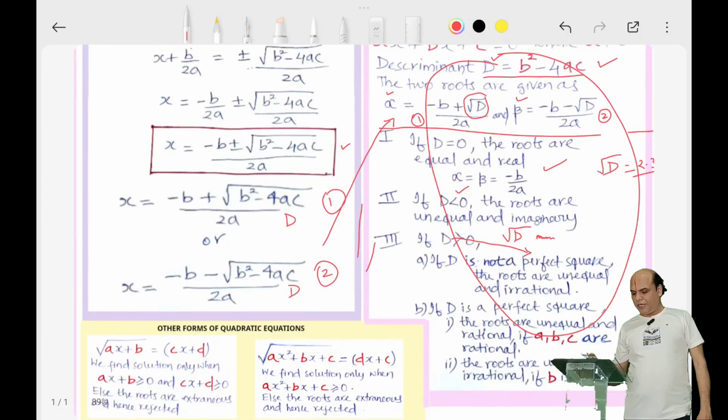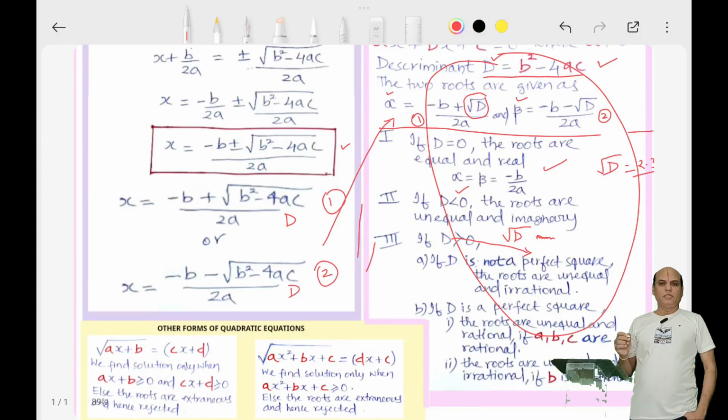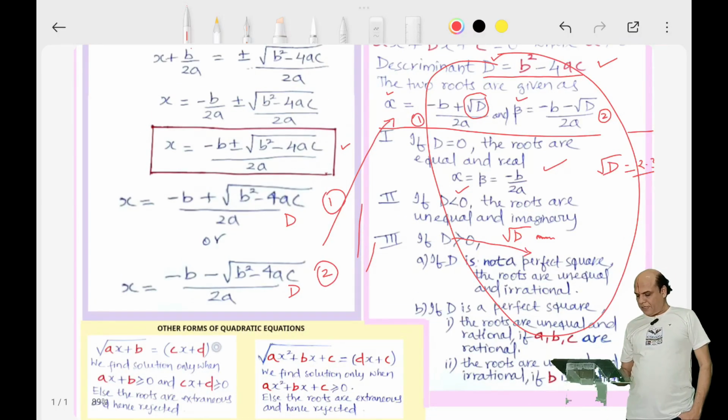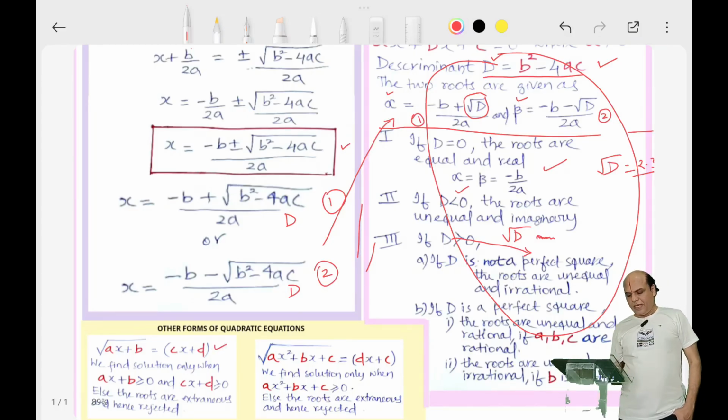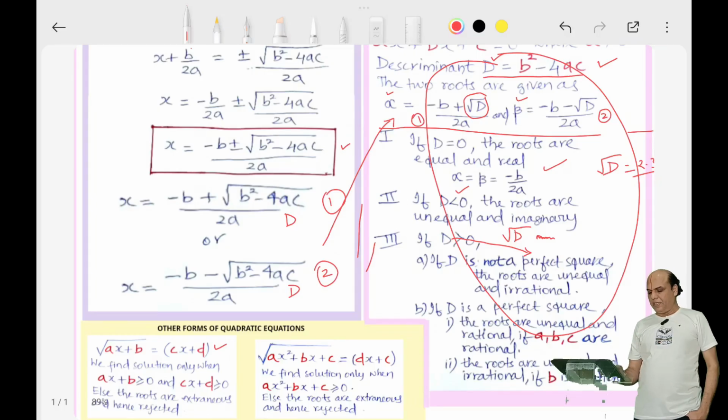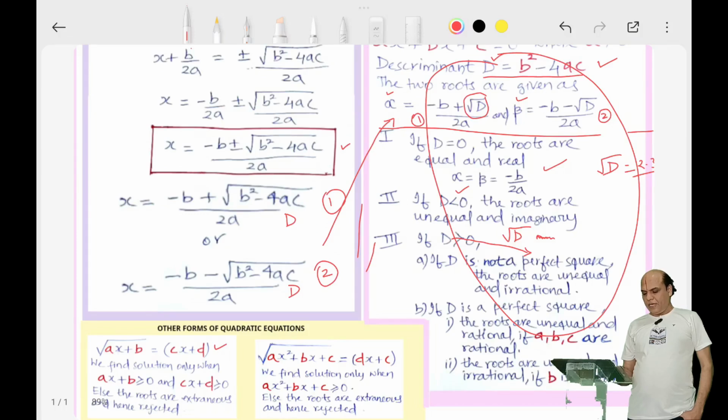Then the final point is, sometimes the quadratic equation is expressed in the form given here: ax plus b under root is equal to cx plus d. So here, ax plus b must be greater than or equal to 0, by the same logic I told you, the square root of a negative quantity will lead to problems.